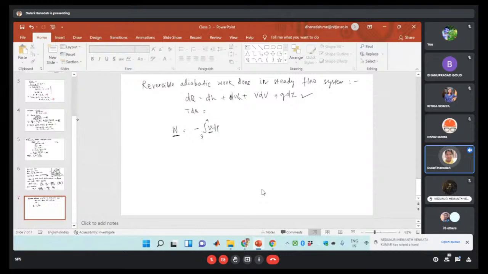But in the expansion process, the specific volume is increased, so your specific volume is larger, so that we can get the maximum work output from the turbine.